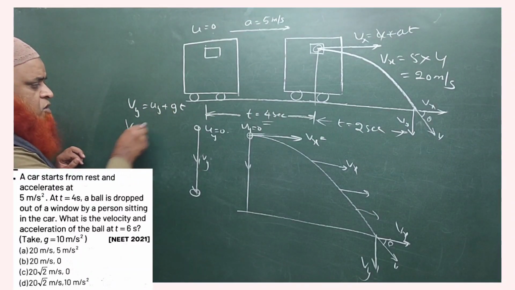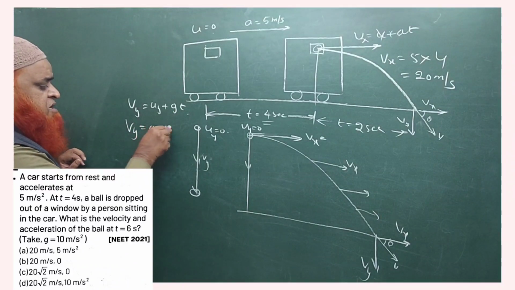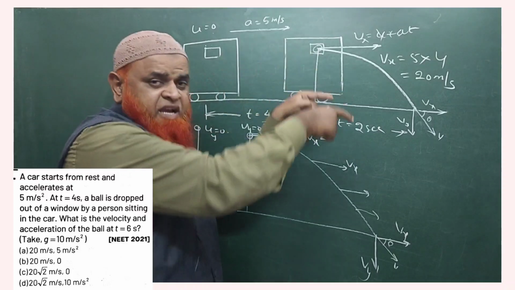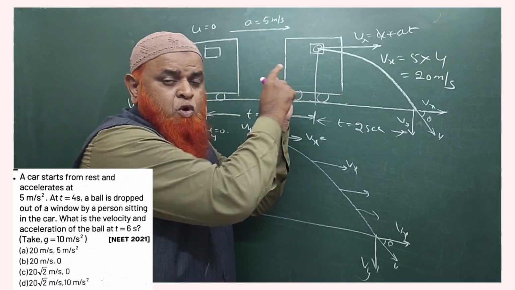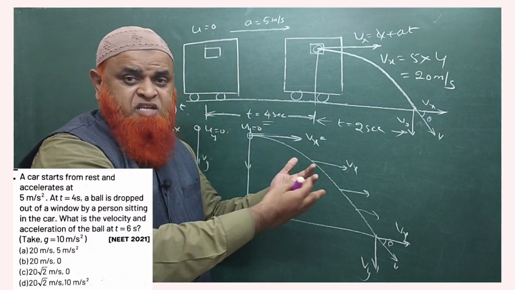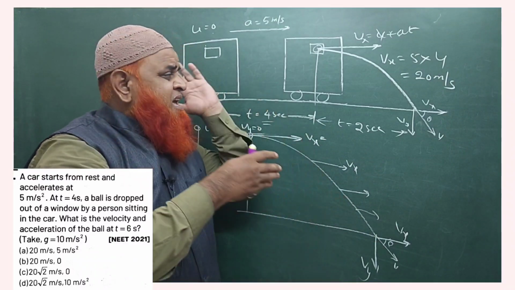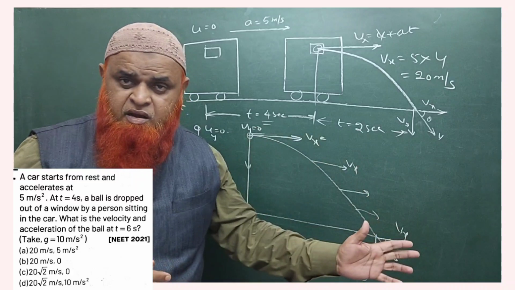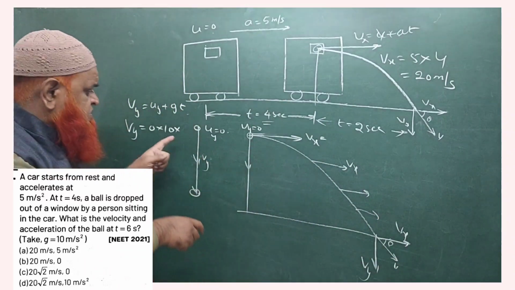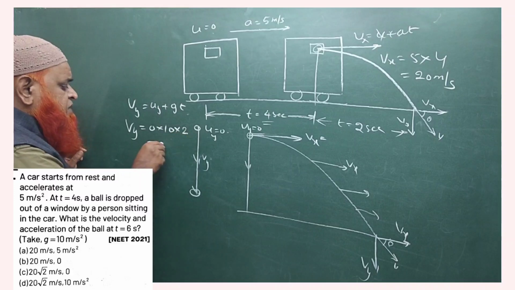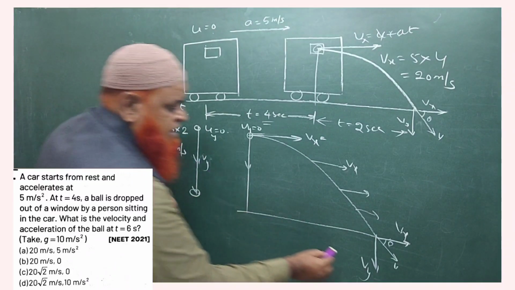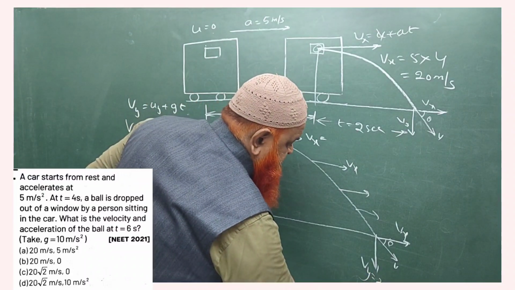Uy is 0, g is 10. As the ball was thrown after 4 seconds, and it strikes the ground after 2 seconds, the remaining time is 2 seconds. In these 2 seconds, it strikes the ground. So t is 2 here. Then we get Vy equal to 20 meters per second. So Vy is 20 meters per second.